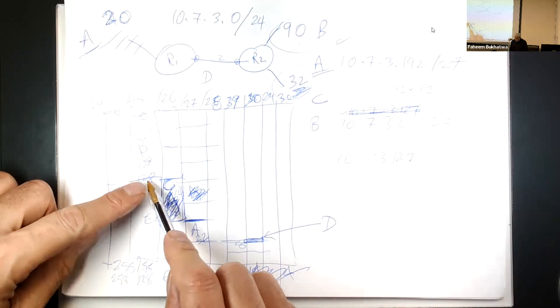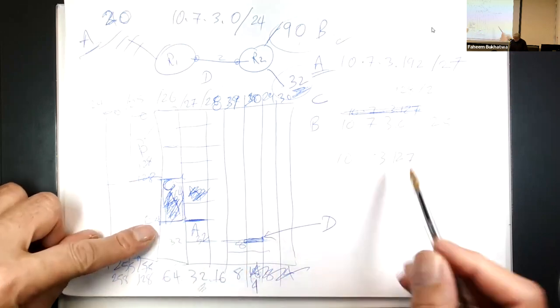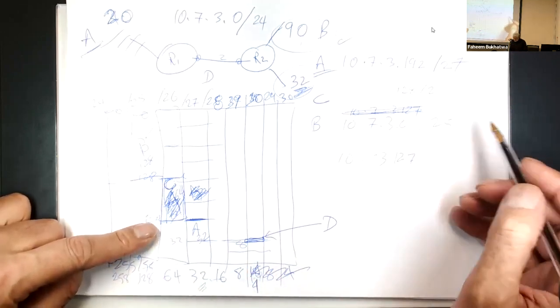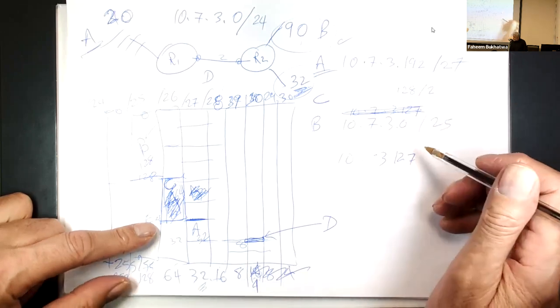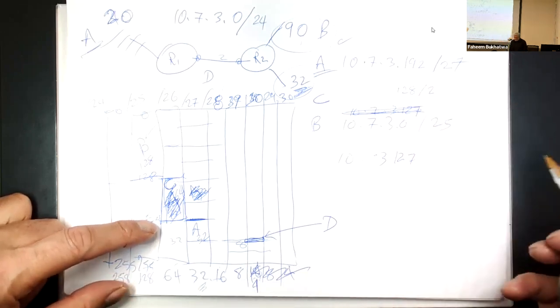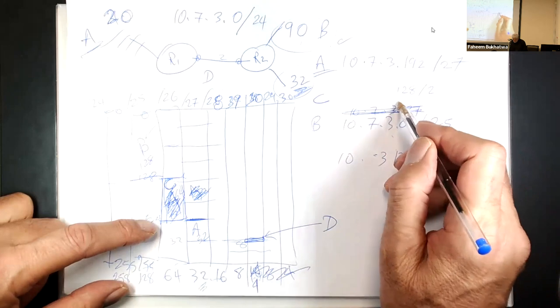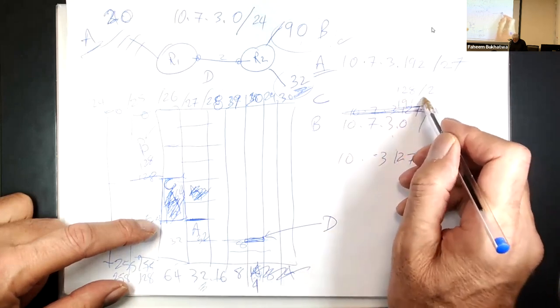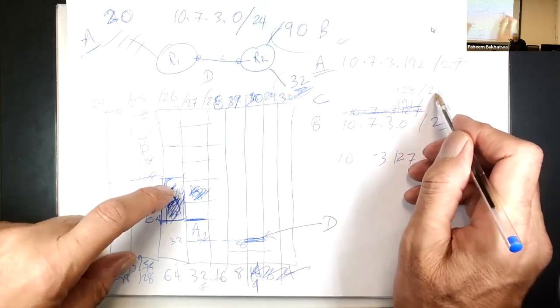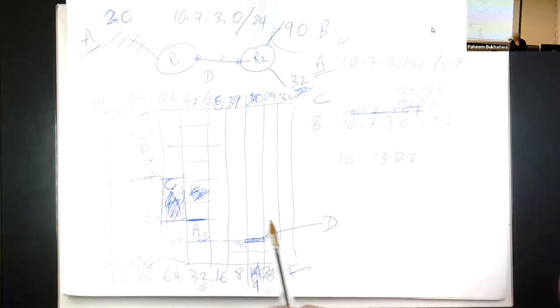So it starts at 128 plus 64. That means it's up to 191. Yeah, so that should be up to 191. And that's /26.